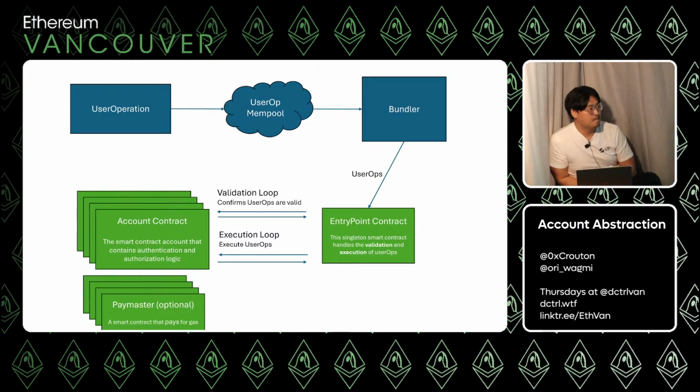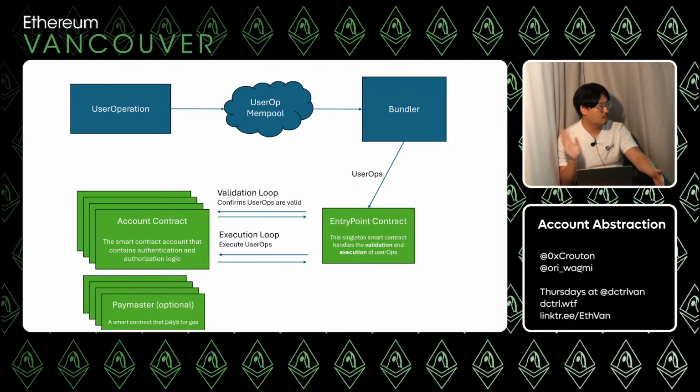I see. So one account contract could be used by multiple people potentially, but it's going to have some sort of logic that says this user op must have come from this person. So this is the example where I'm a corporate employee and I can send money, but it needs to be approved by my boss, for example. So I'm Andrew, sure, let's use it.